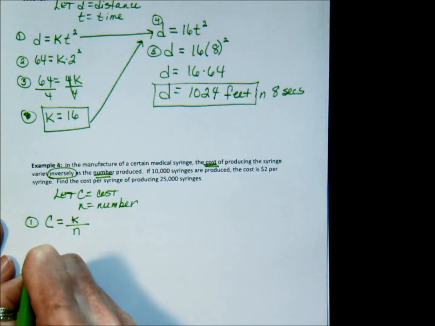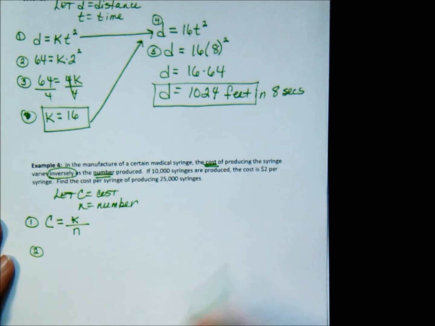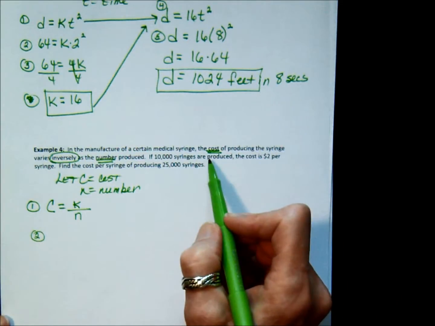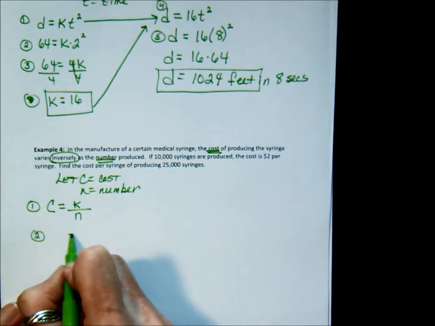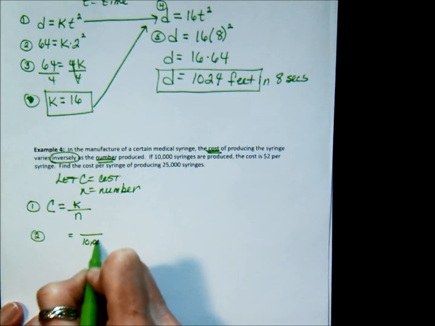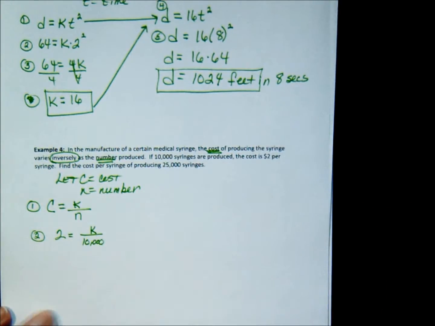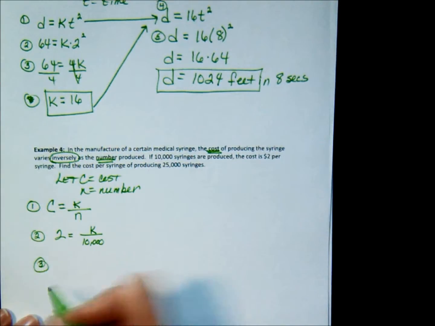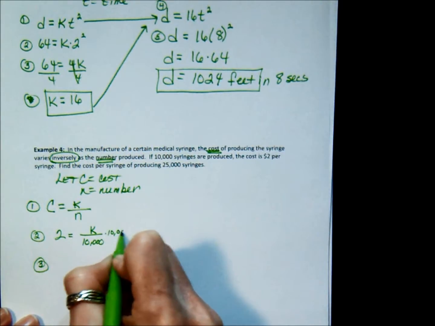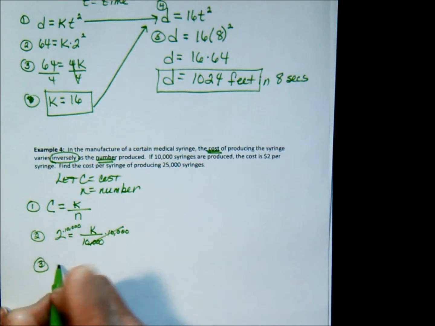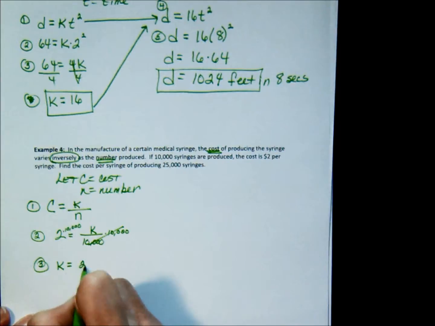Now I'm ready to put in the initial values. So if 10,000 syringes are produced, so that's the number, so I'm going to put 10,000 here. The cost is $2 per syringe. So I filled in the pieces I was given. I am now going to solve for K by multiplying both sides by 10,000, and I get K equals 20,000.